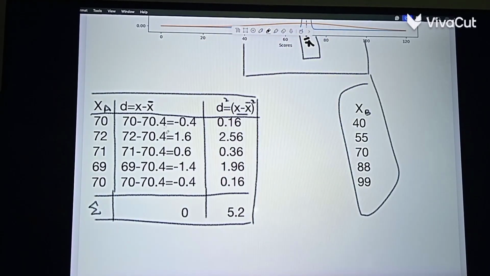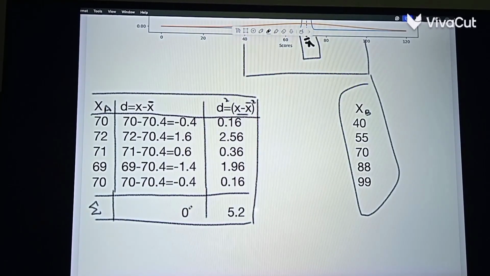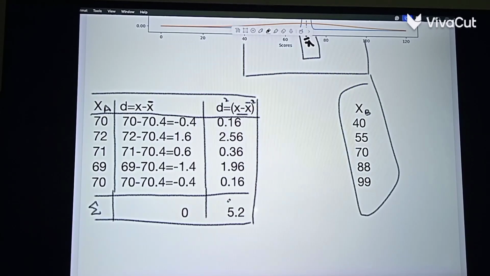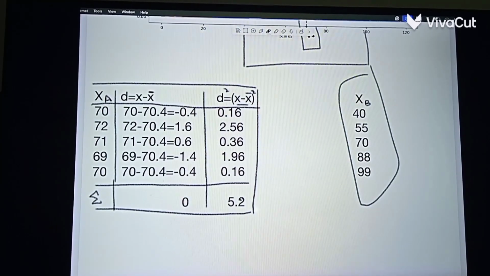Then I added these two columns. The deviation column gave me 0 as the resultant value, while the square deviation column gave me a decimal value, which is 5.2.